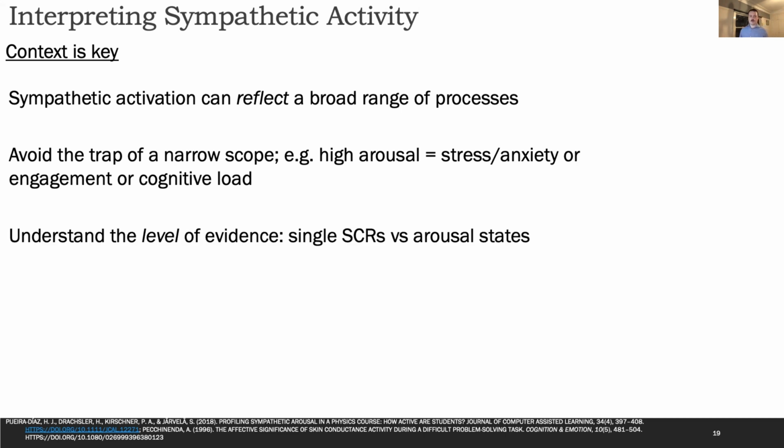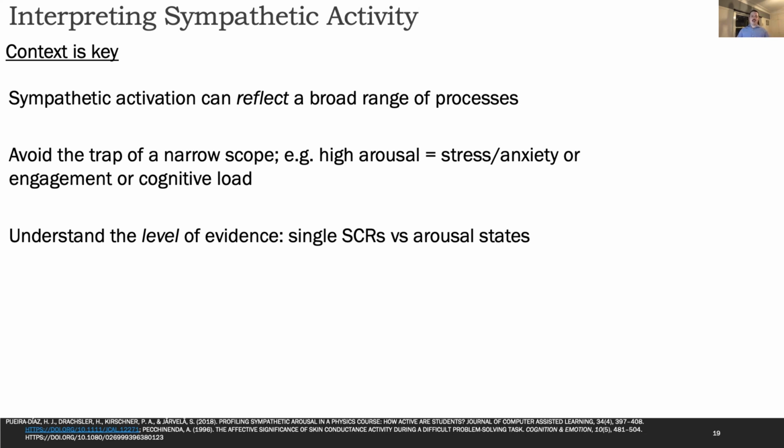Another thing to really look at, especially when you're reading research using sympathetic activity, is to understand the level of evidence. If you are reading a study that takes place in a lab and is looking at individual skin conductance responses, you have to keep in mind that it is taking that reductionist approach.